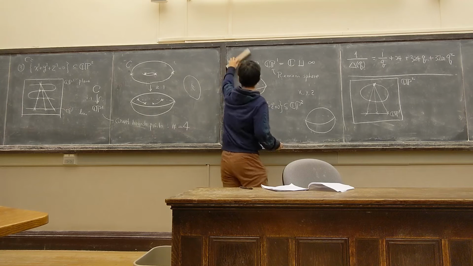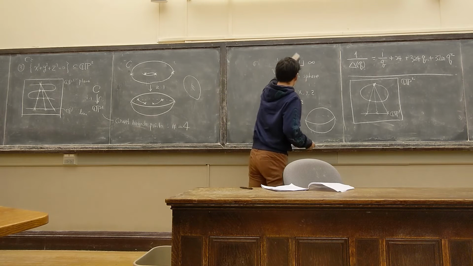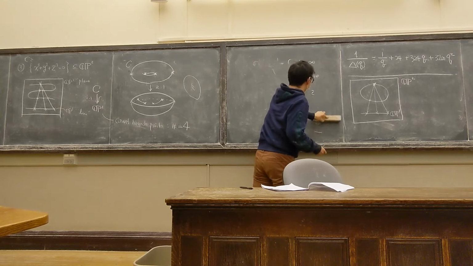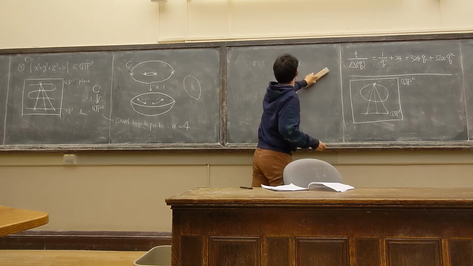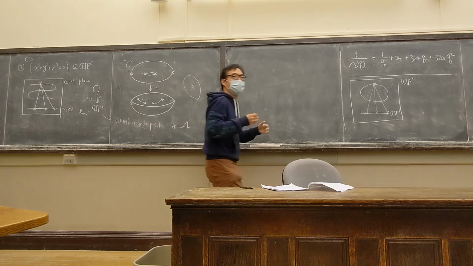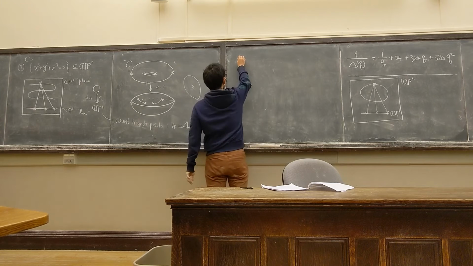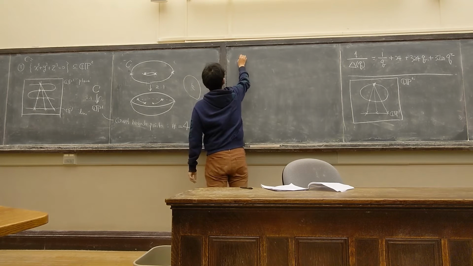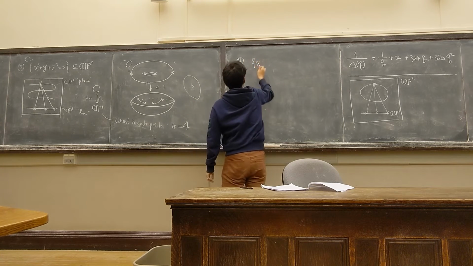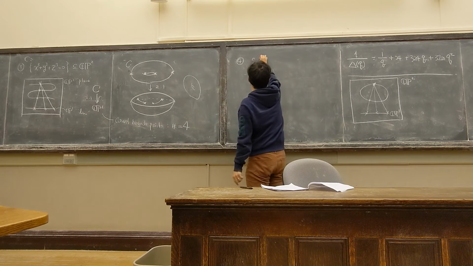Well, the next one might be CP3. I want to raise the dimension by 1. And we can consider, for example, here I'm considering degree 3, now I can consider degree 4.